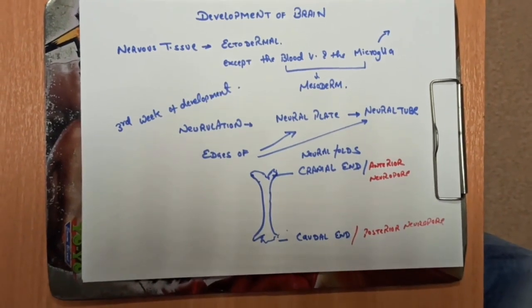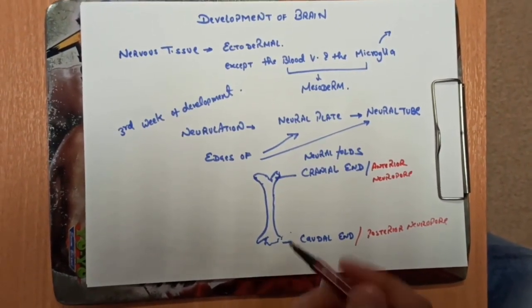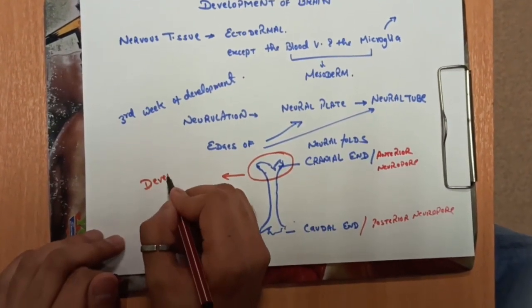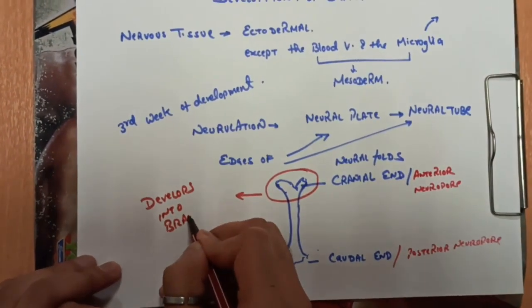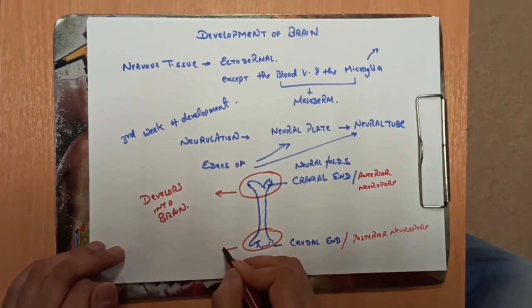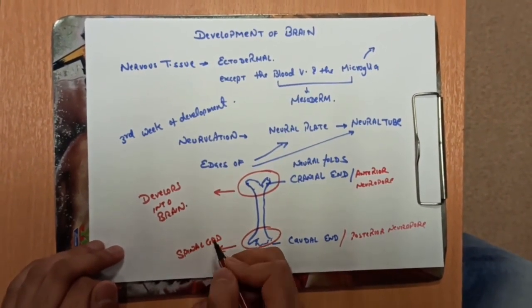Now the main thing to be remembered is that the part from the anterior neuropore develops into the brain, and this portion develops into the spinal cord.